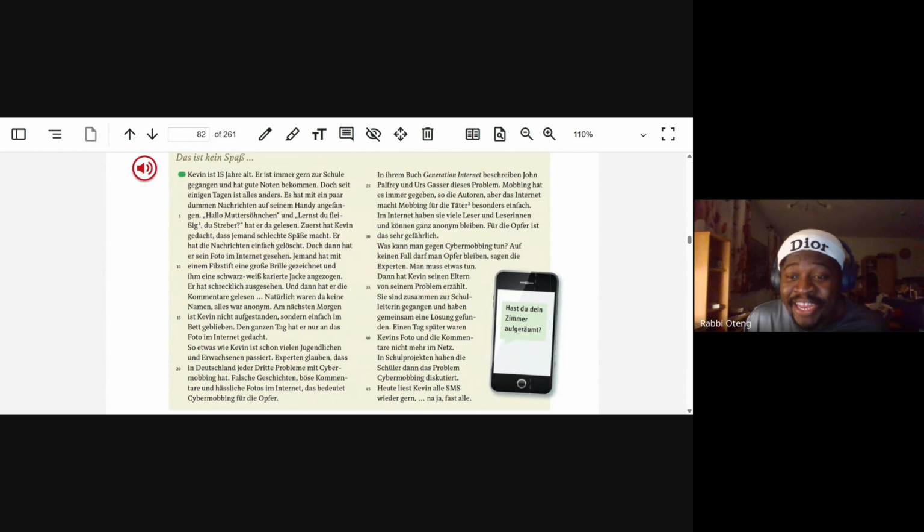An N, sorry, an N. So zeichnete. Okay, yeah. Then the present perfect will be hat gezeichnet. Okay, so und ihm eine schwarz-weiß karierte Jacke angezogen. Okay, a black-white karierte.